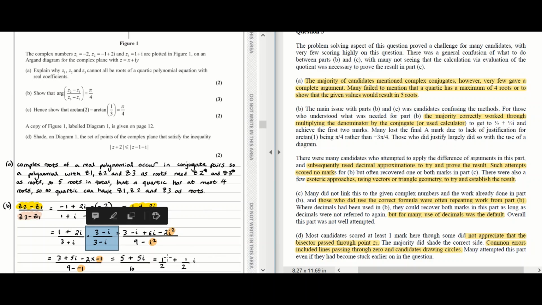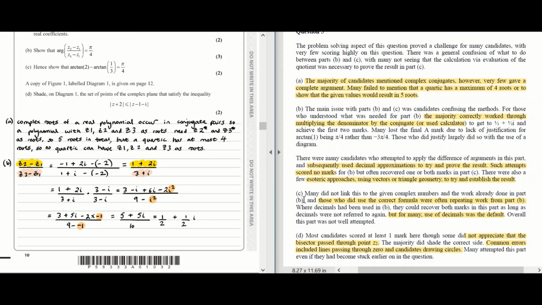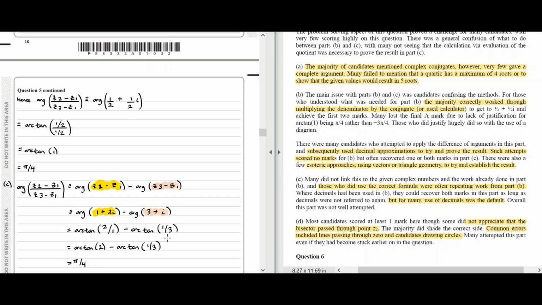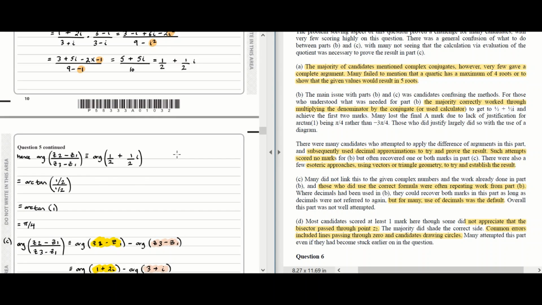A lot of people used decimals, which was incorrect, and that was over here for part C. And that's basically it. But there were a couple of attempts using vectors or triangle geometry to try to establish the result, but you can have a read through of why people did not do that question well.